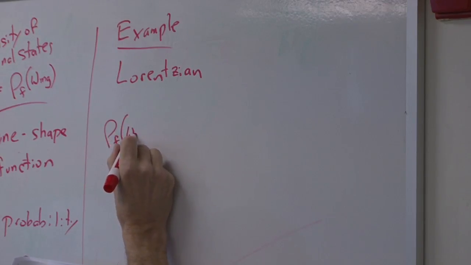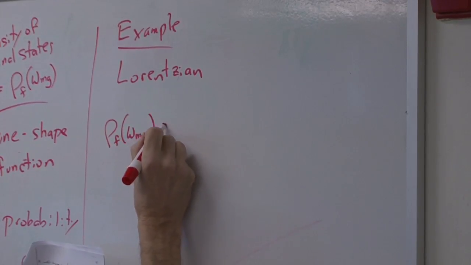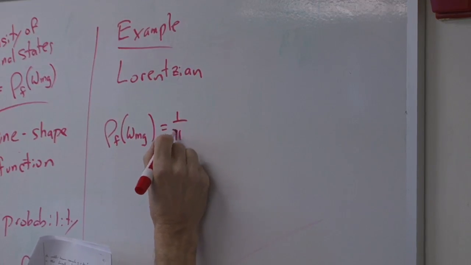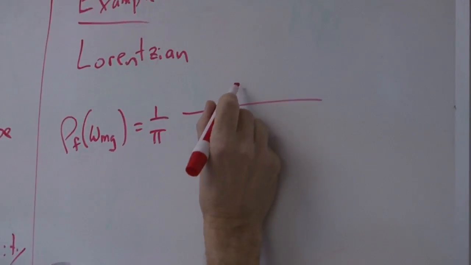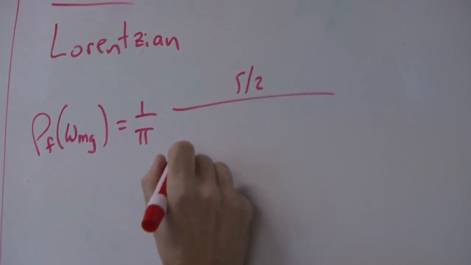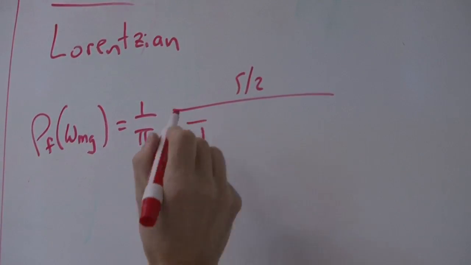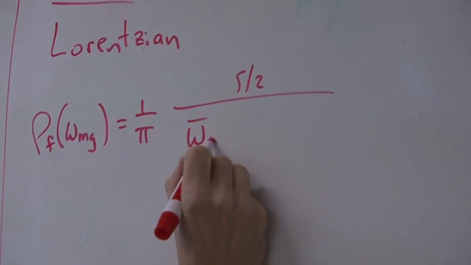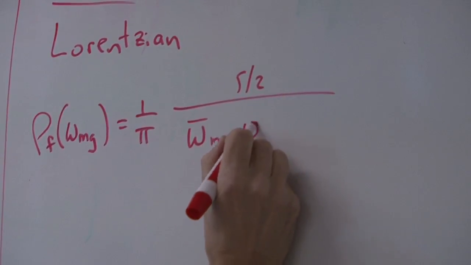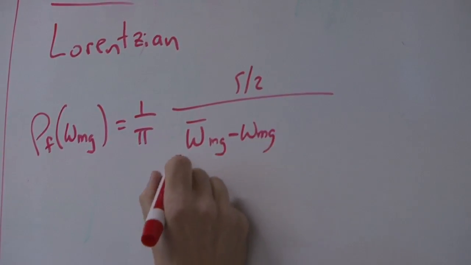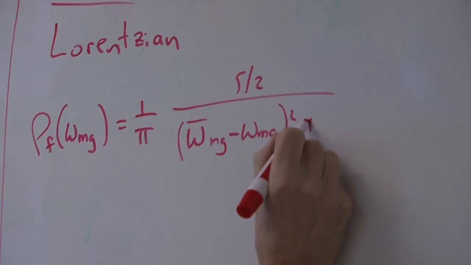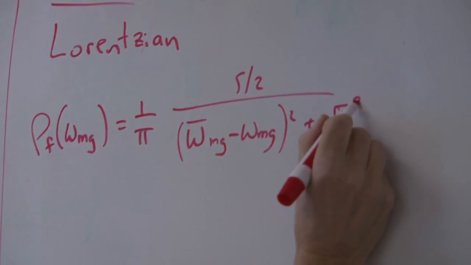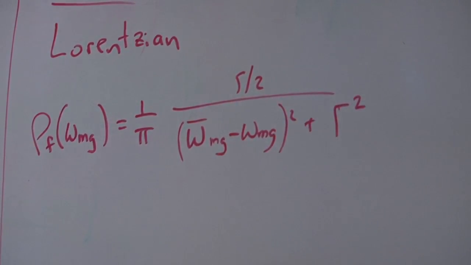Rho f of omega mg is 1 over pi, gamma over 2, over omega mg bar, for lack of better, minus omega mg squared plus gamma squared.